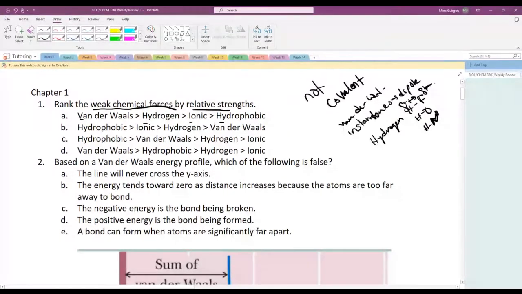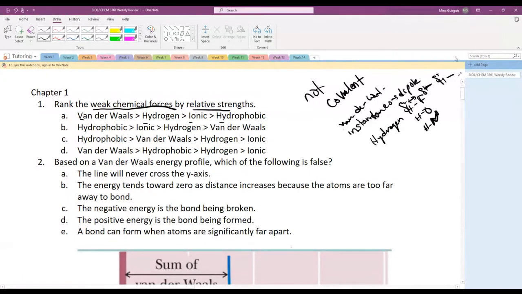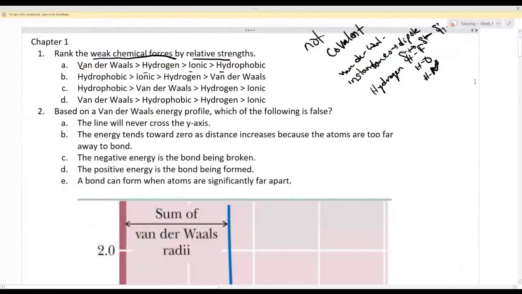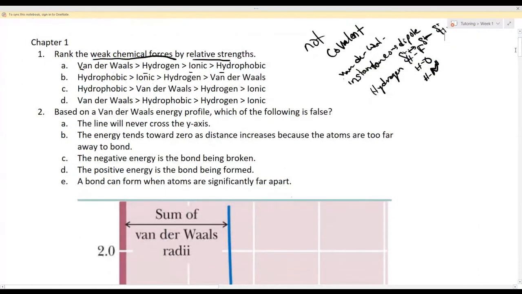I apologize, that should be negative. As a result, when this encounters another hydrogen with that same partial positive charge from a bond, it tends to, where's the full screen? Oh, there it is. There we go. So when it comes close to another hydrogen, it tends to form a very strong bond.